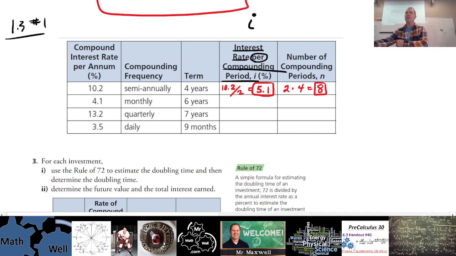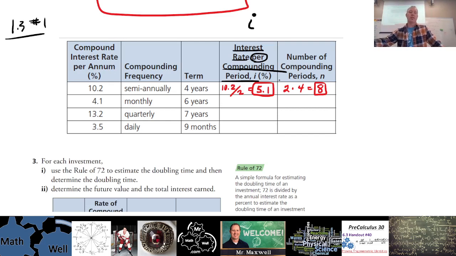Now, as I mentioned yesterday, compound interest is interest on your principal plus all the interest you've earned so far. So it's a powerful thing. But when it's compounded more than once a year, the annual interest rate gets divided up. If it's compounded semi-annually, that's 2 times a year.